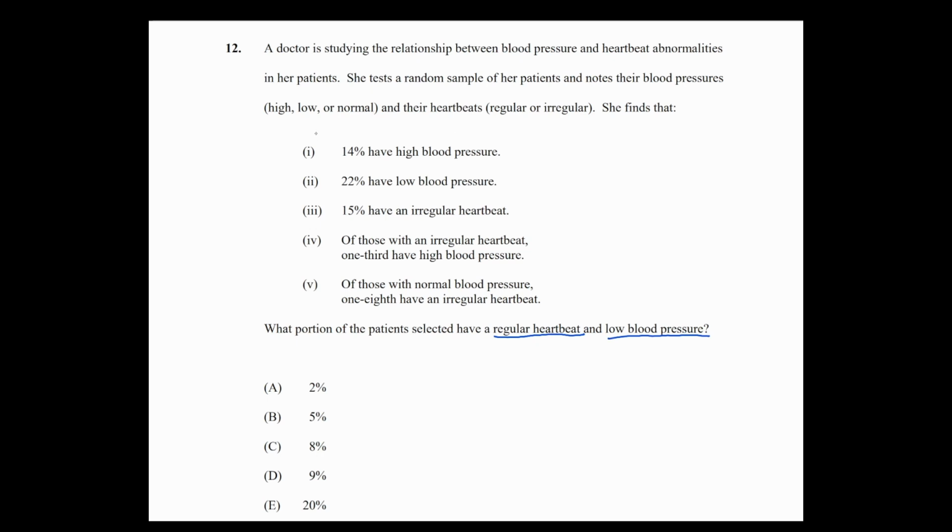You have to be, say, a high blood pressure person with regular heartbeats or a high blood pressure person with irregular heartbeats. So to make this easier, let's make a table.